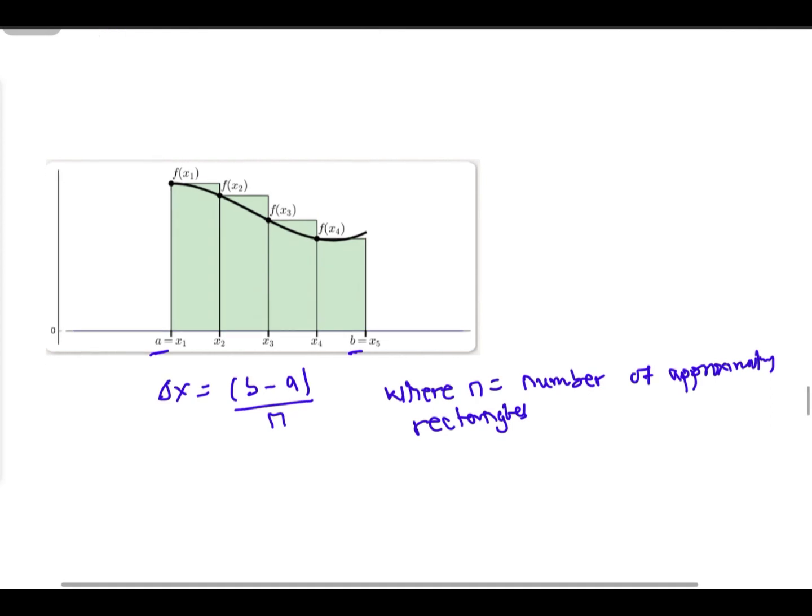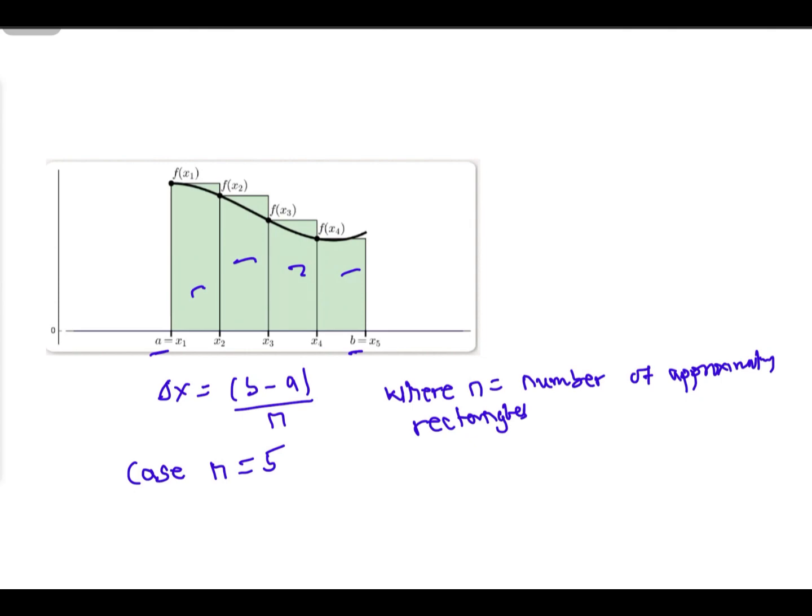So for the case n equal to 4 or 5, let's say 4, the area beneath the curve will be approximated by the 4 shaded regions over here.